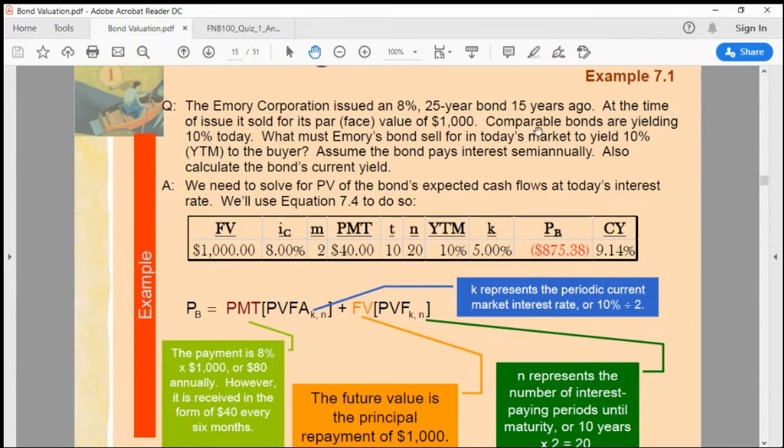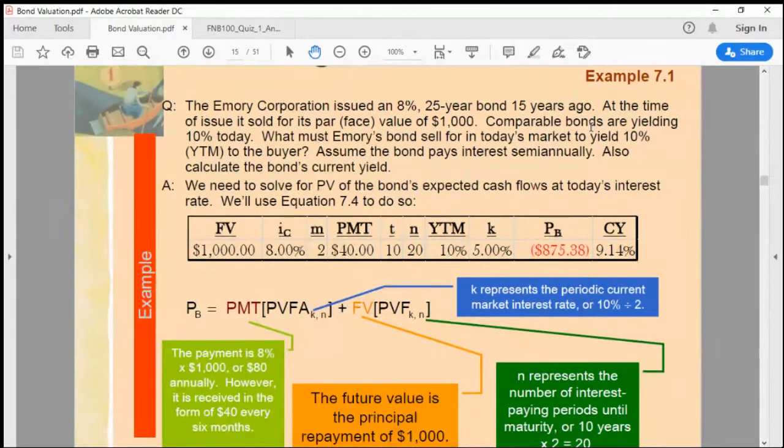Now, when they say comparable bonds or similar bonds, comparable means comparable risk, similar means similar risk.